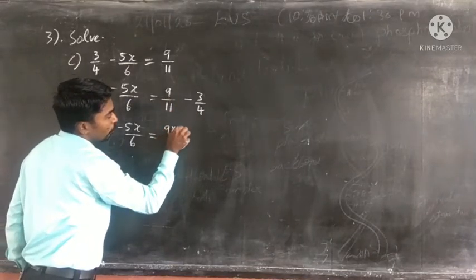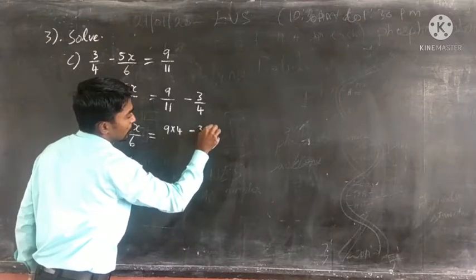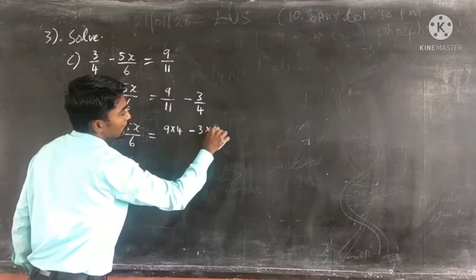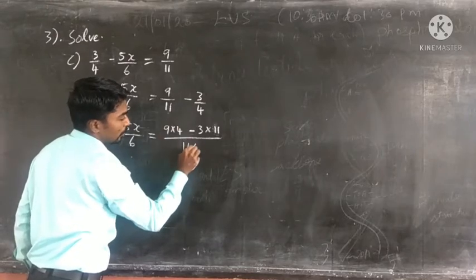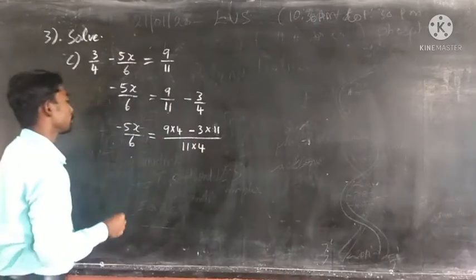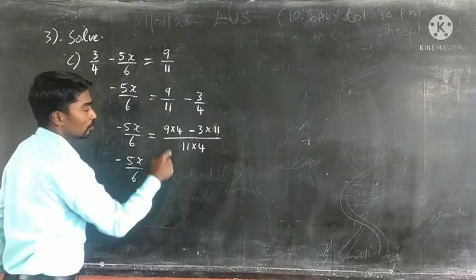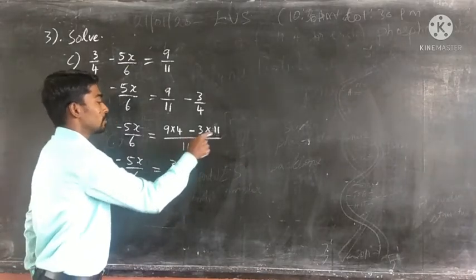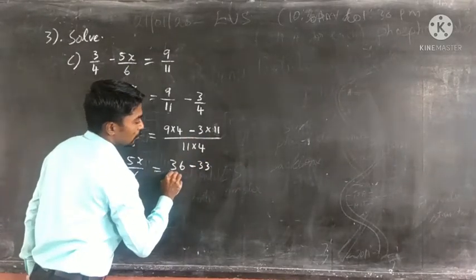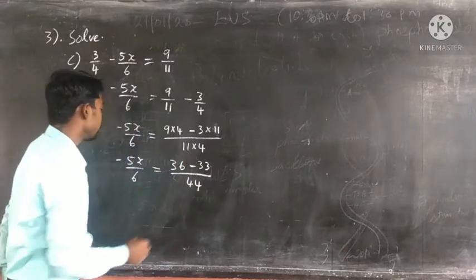9 into 4 minus 11 into 3, divided by 11 into 4. Minus 5x by 6 is equal to 9 4s are 36 minus 3 11s are 33, all divided by 11 4s are 44.